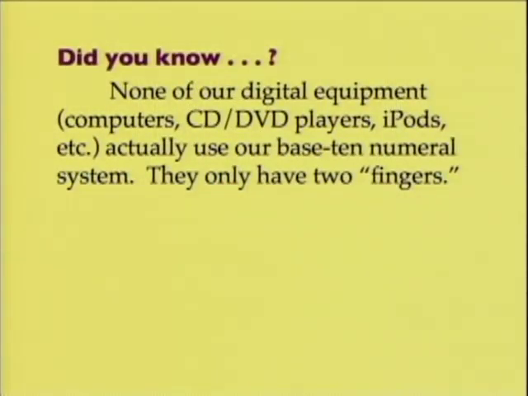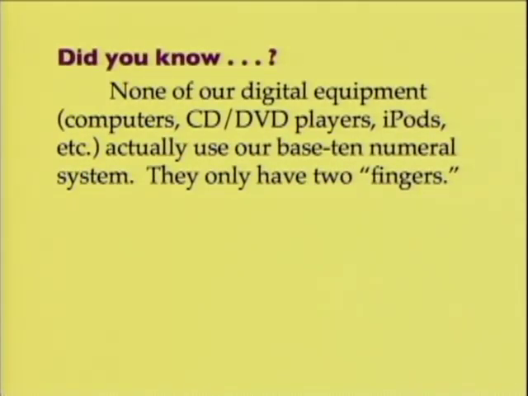All right, now here's kind of the rub. Things that we use every day, like computers, DVD players, iPods, game stations, all these things that we seem to love and are dependent upon, they don't understand base 10 numerals. They understand something different because they only really have 2 fingers.